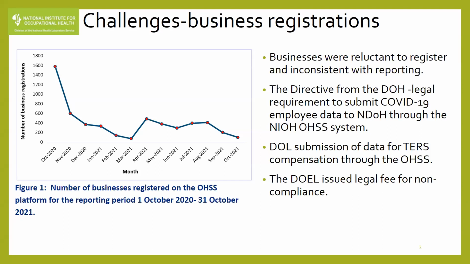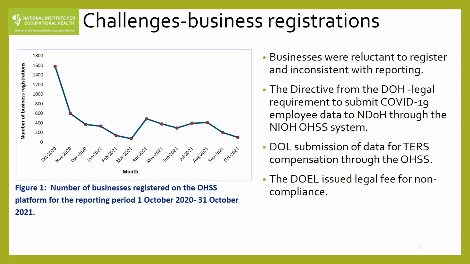Around March 2021, the directive went out, which was a legal requirement for all workplaces in South Africa to submit data. Initially we said workplaces with greater than 50 employees, and then it went on to say that those with 50 employees can submit COVID positive cases only.